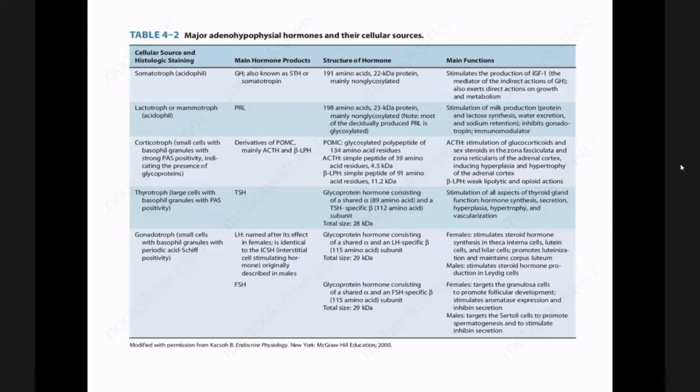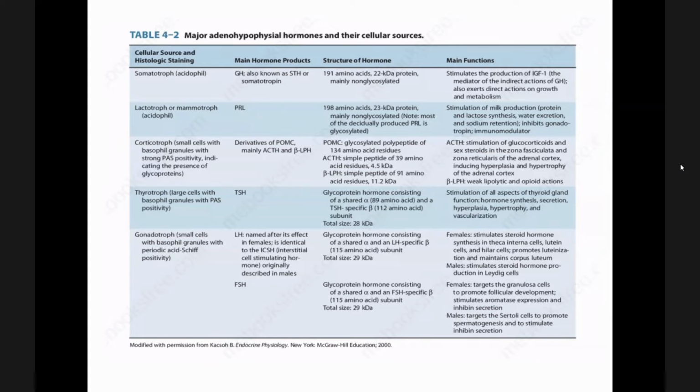And there is the thyrotroph. For the somatotroph, the releasing hormone is growth hormone releasing hormone, or GHRH. And for the lactotroph, we have prolactin releasing hormone.